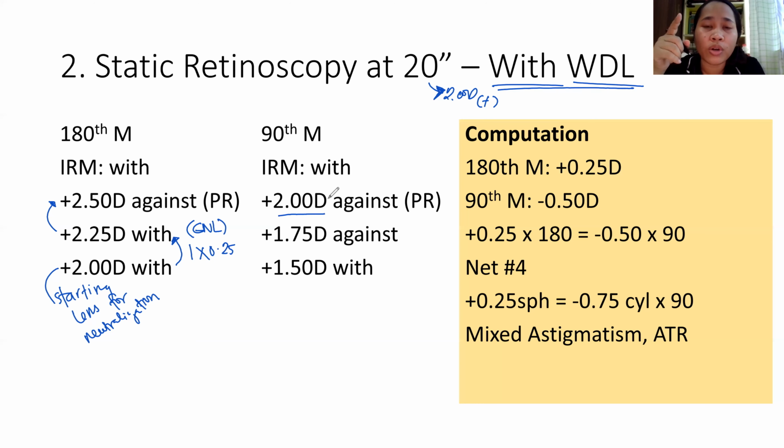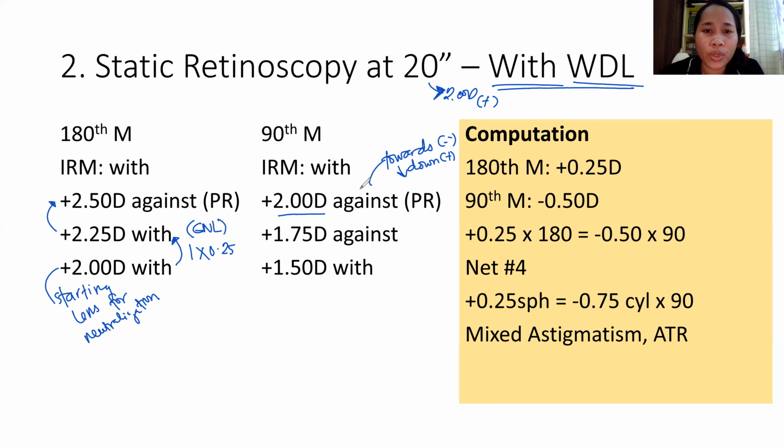You need to look for the last GNL, or the last with movement before it becomes against. Because it's against, you will go towards minus, or you go down plus.